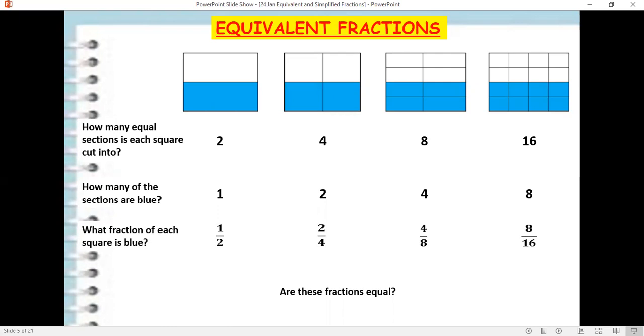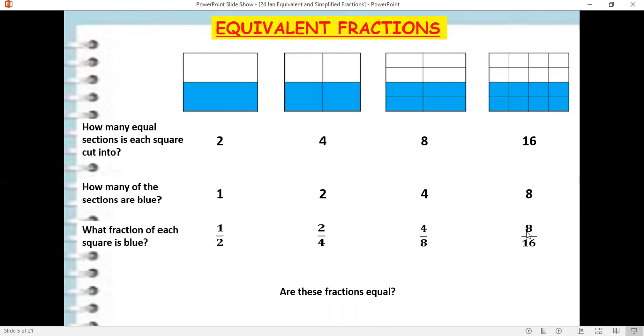If you notice, the sizes of the shaded parts are the same, okay? But the fractions, the numbers, are different. It's not because the numbers of the fractions are different that they are not equal.